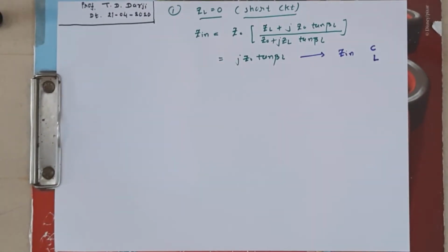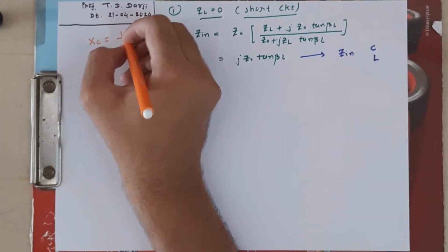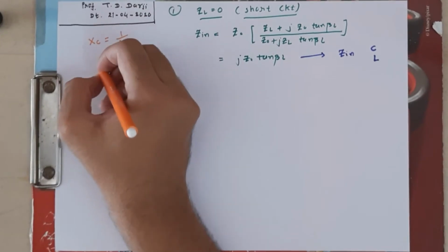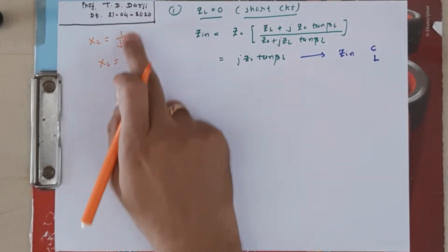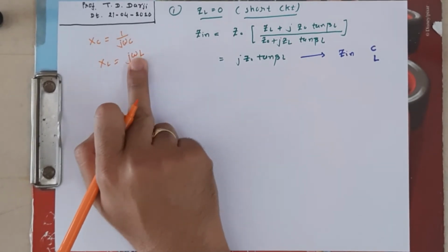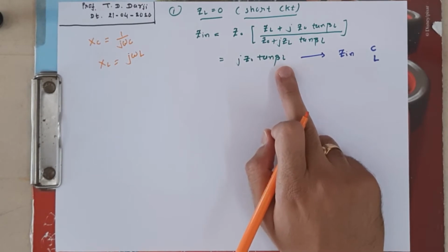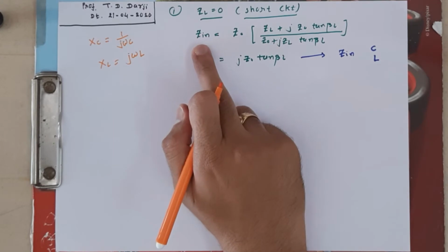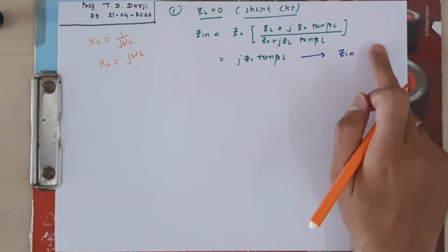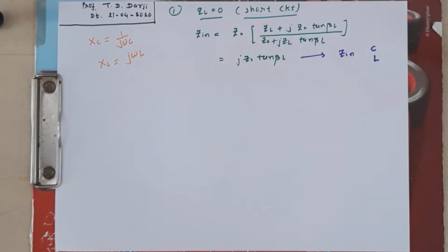We know the capacitive reactance is 1 upon j omega C, and the inductive reactance is j omega L. In both equations an imaginary term is present, and similarly here, so it depends on the length of the transmission line. According to the length, Zin may be capacitive or inductive in the case of a short circuit line.